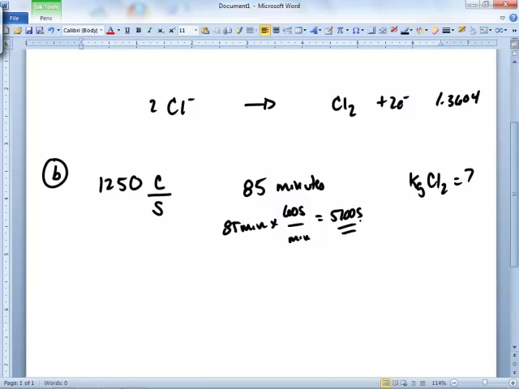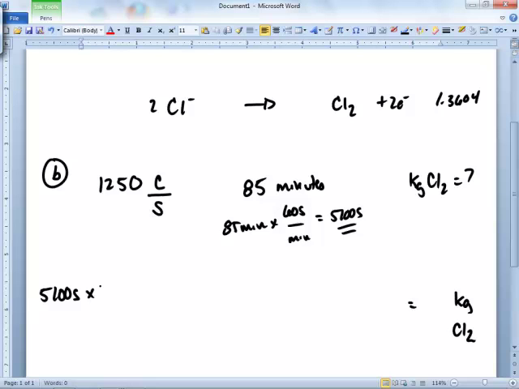A lot of this general chemistry course is converting one set of units to another. So really I'm converting seconds into kilograms of chlorine. You could start anywhere, but you're taking a chance you might end up with 1 over the answer you want. But I'm going to start with the 5,100 seconds and keep converting until I get kilograms of Cl2.